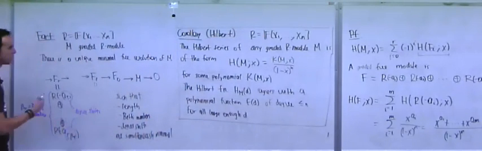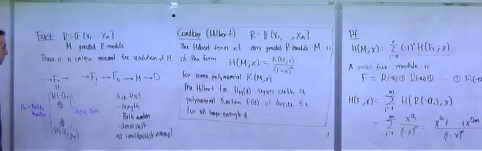So this is what I call the unique minimal free resolution of M. It's kind of the most economical way to resolve M.